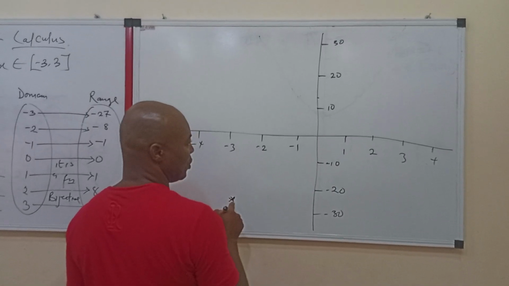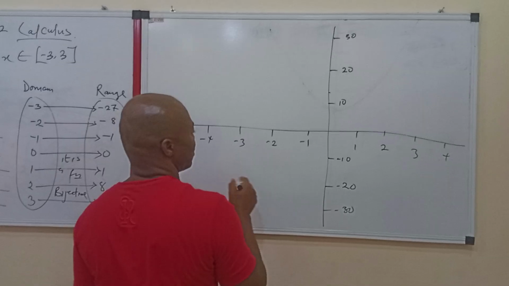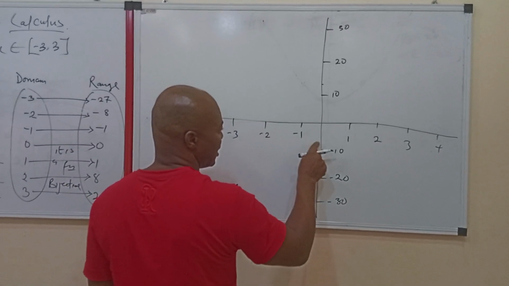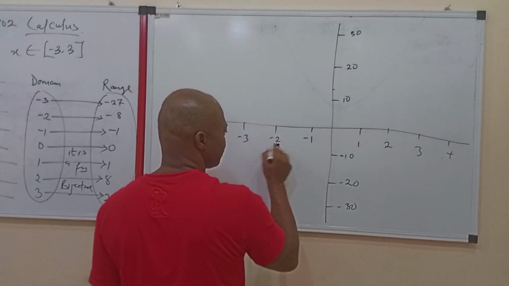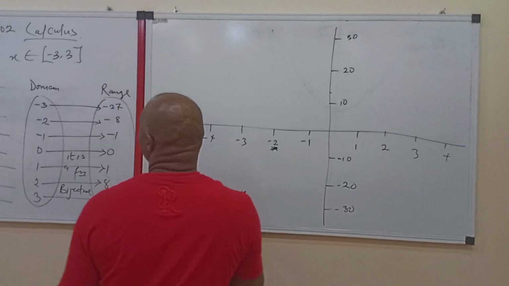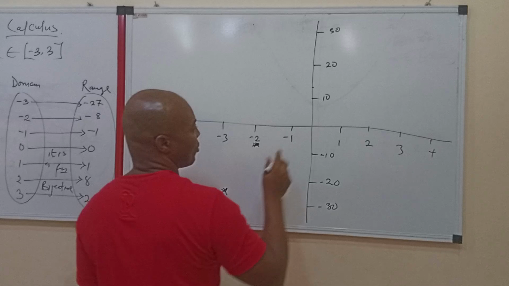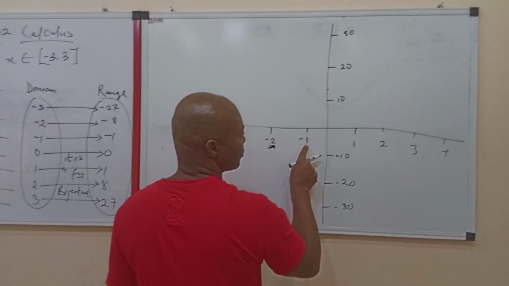Then when x is -2, what is the answer? It is -8. -8 is somewhere here. Then when x is -1, it is also -1.